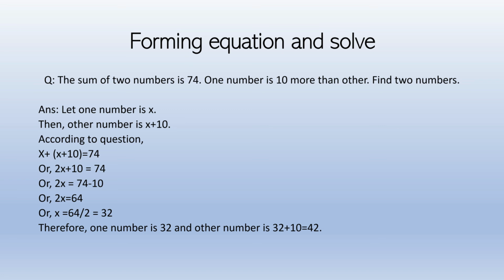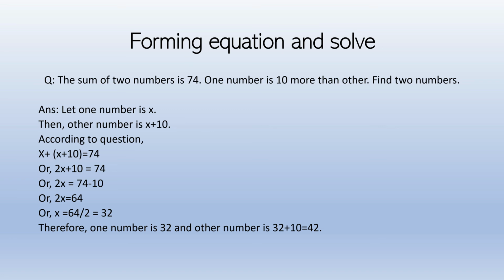Let one number be x, then the other number should be x plus 10. According to the question, the sum of two numbers is 74. So using these conditions, we can write the equation x plus x plus 10 equal to 74. Now we solve this equation using our first method. x plus x is 2x plus 10 equal to 74. Next step, 2x equal to 74 minus 10.